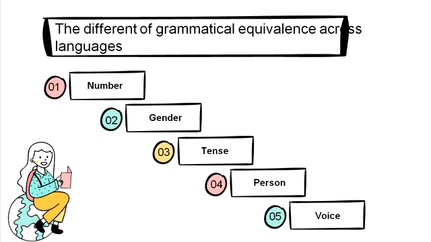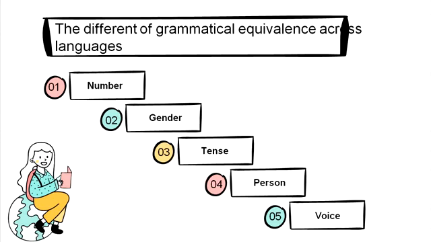involves transforming the source culture into the target language culture, so that the translation is acceptable. English and Bahasa Indonesia have different cultures, which sometimes cause problems in the translation process.